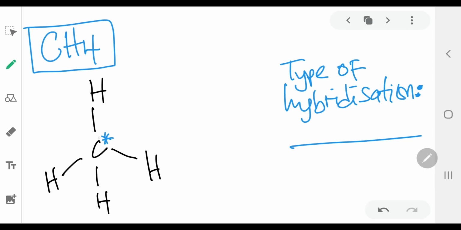Therefore, only the central atom will get hybridized. Right, so what is the type of hybridization for carbon here?